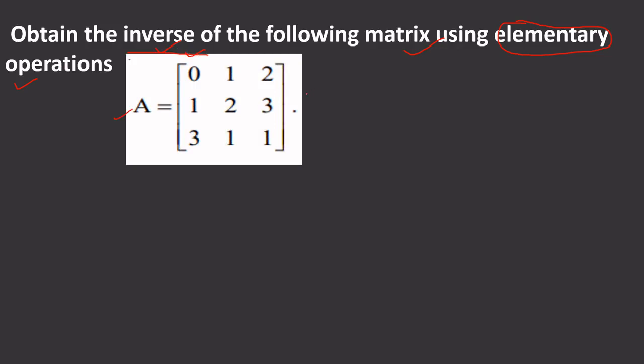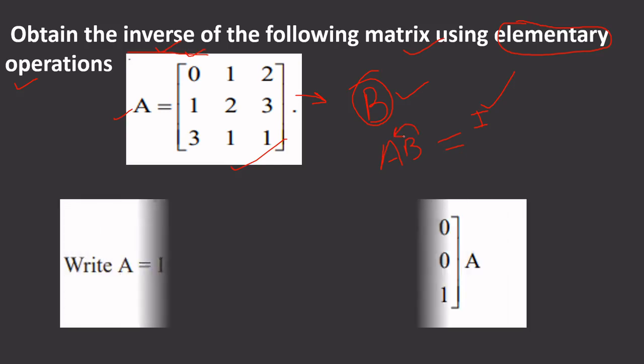We have A, and we have to find matrix B in such a way that A cross B, AB, is equal to I. If we find such a matrix B which multiplied with this matrix gives the identity matrix as the resultant, then we can say that B is the inverse of A. And how can we solve this?